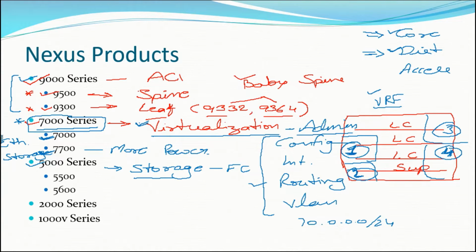But the 5000 series of switches are especially designed for storage connectivity as well as server connectivity. Because what is a server? Server is the main computing resource lying in our data center, which is running on top of the network.